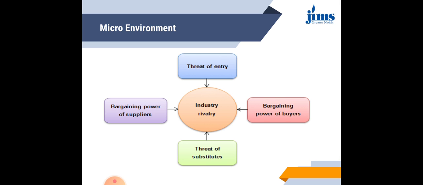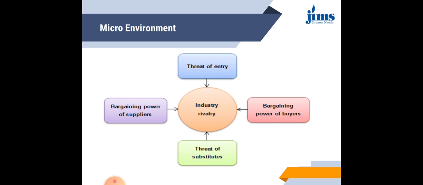On the other hand, when we see the bargaining power of buyers, again, if you are the single seller or very few sellers are there in the market, the customers will have no choice. They might not agree to purchase a product at a higher price, but if very few sellers are there, then definitely they will have no choice.